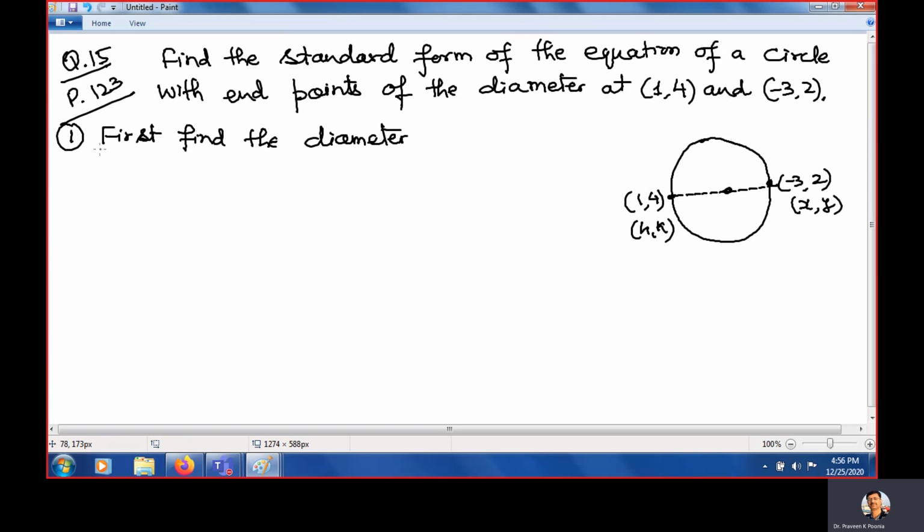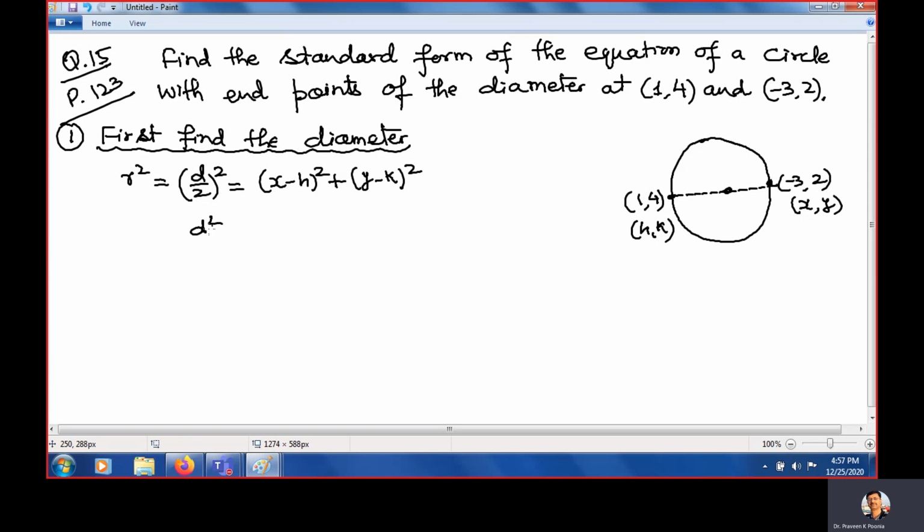First find the diameter. How to find the diameter? It is r power 2. Okay, and r is equal to d upon 2, power 2. And it is (x minus h) power 2 plus (y minus k) power 2.